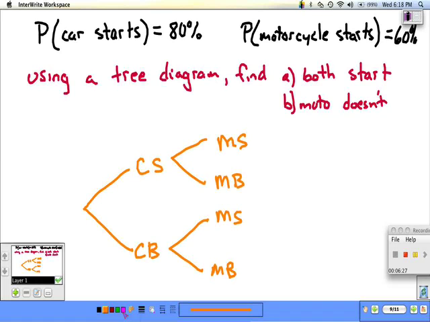And what we can do now is fill in probabilities on these branches. The probability that the car starts is 80%. Therefore, the probability that it doesn't start, its complement, is 20%. Probability that the motorcycle starts is 60%, and that it's broken would be 40%. And same thing on this other set of branches.